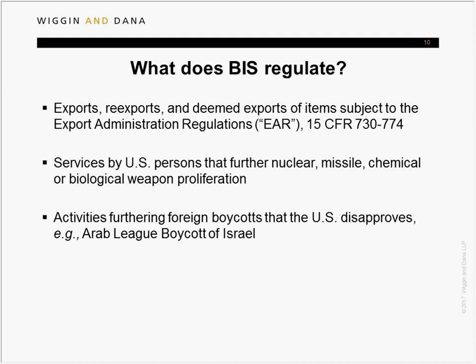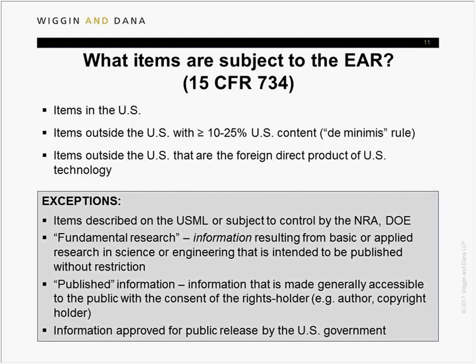And then there is this little corner of the EAR that is actually quite important if you're doing business in the Middle East, and it regulates activities that might help foreign countries to carry out boycotts that the U.S. doesn't approve of. And we're going to talk a little bit about those anti-boycott regulations as well today.